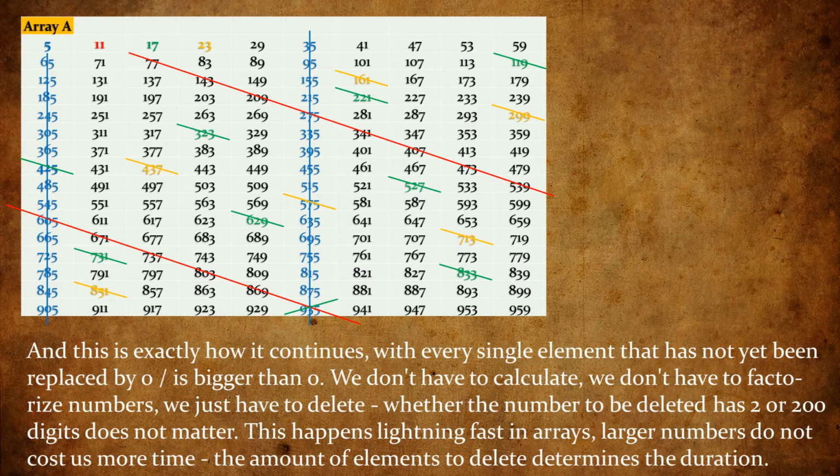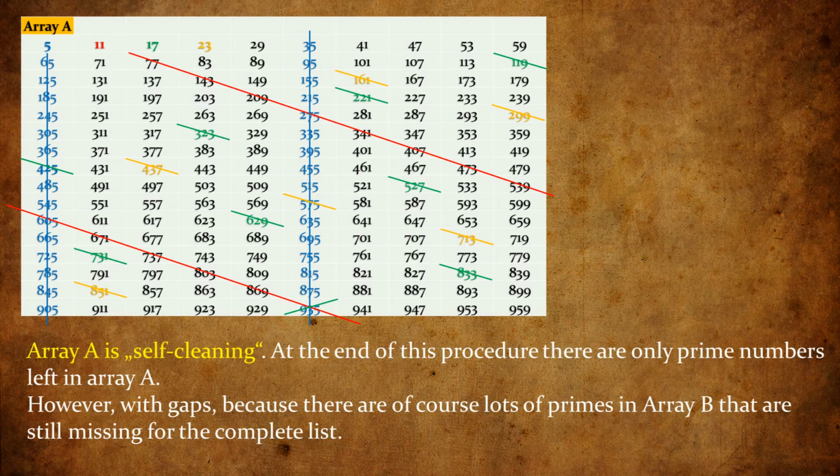Larger numbers do not cost us more time. Only the amount of elements to delete determines the duration of this process. Array A is completely self-cleaning. At the end of this process there are only prime numbers left in array A. However, with gaps, because there are of course lots of primes in array B that are still missing for the complete list.